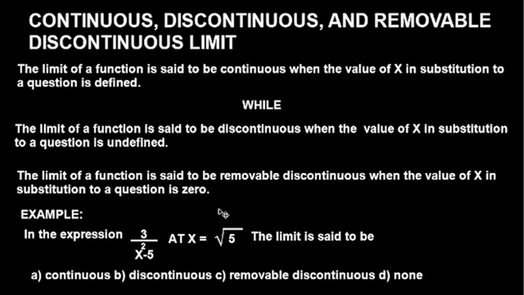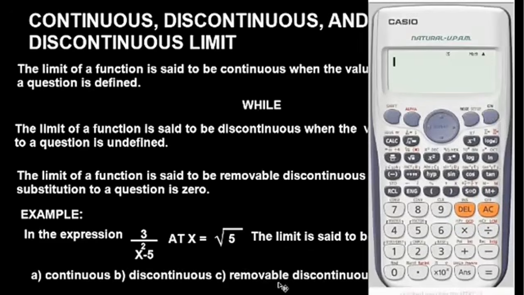Now, having known these basic definitions, let's look at the example we have under this slide and solve it together. After solving, our answer will help us to know whether this is a continuous or discontinuous or removable discontinuous limit. So what I'm going to do now is to use this value of x, which is square root of 5, to evaluate this expression.